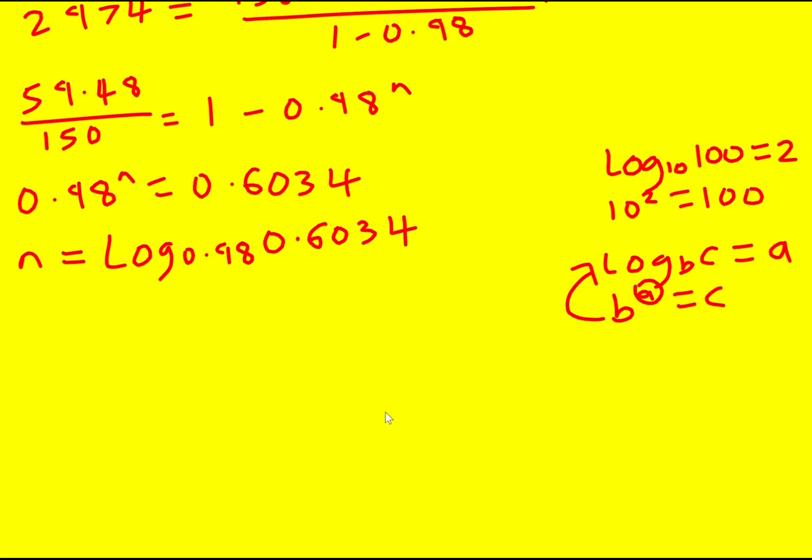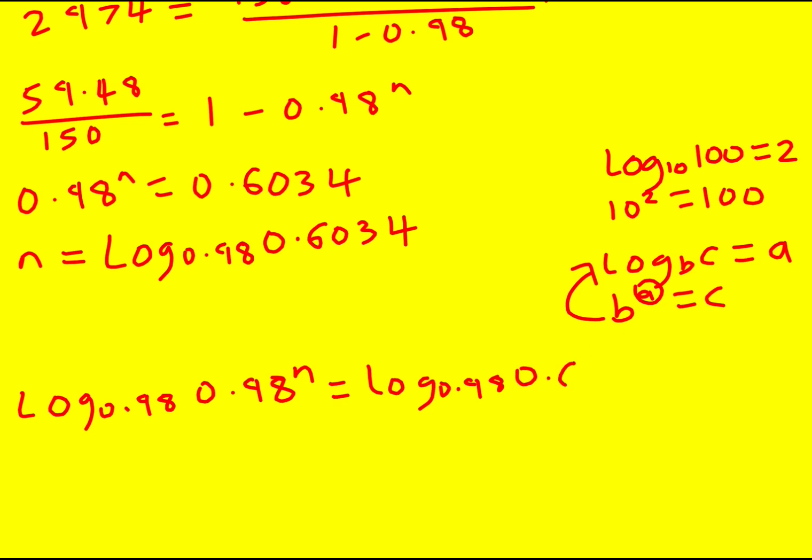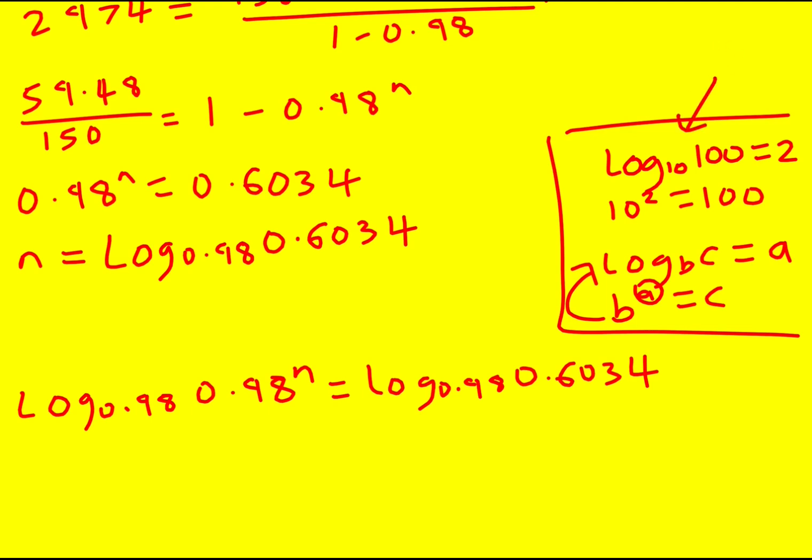If you're not happy about that, then the alternative is to take log to base 0.98 of both sides. Absolutely valid way of doing it. And sometimes I tell people to do this because it's a little bit easier maybe than remembering this kind of idea. But actually, this is at the heart of logs, so it is worth getting your head around.